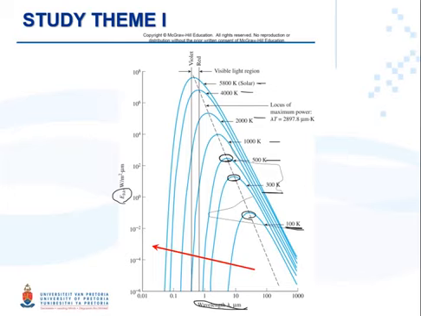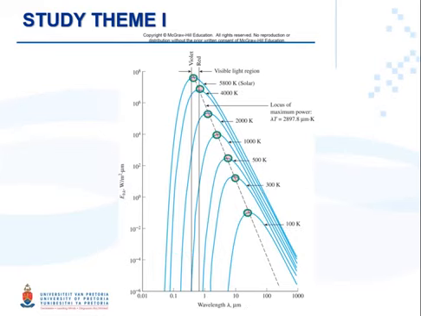But the maximum happens at a different wavelength, which is important as well. Just look at this one. I just highlighted the maximum spectral black body emissive power for you, and you see that when the temperature is high, this maximum spectral black body emissive power happens at shorter wavelengths. Okay, that's what the picture is telling us.